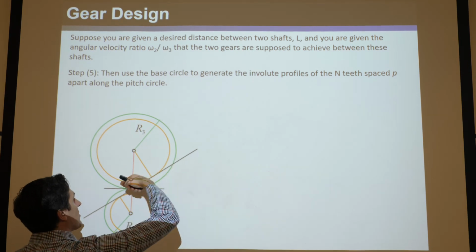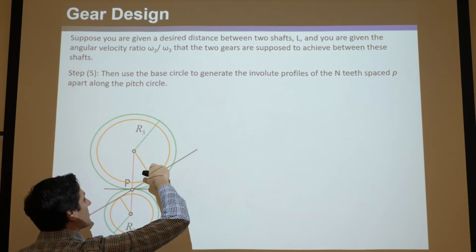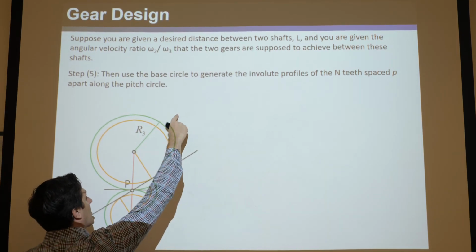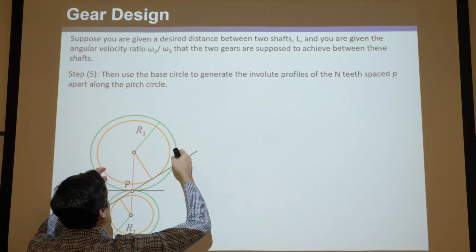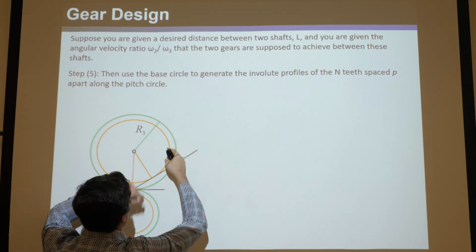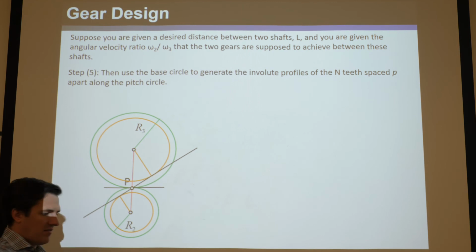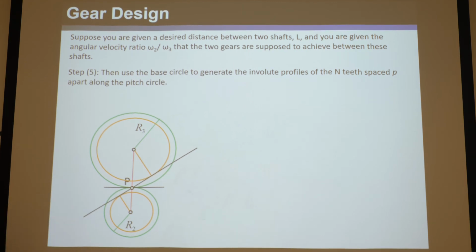Then take a string on the other side and do the other side of the gear. So there's one involute profile going up here from a string there, and then you wrap the string the other way and lift this up, and it would draw the other side of the involute profile. And you do that n times, for as many teeth as there are, spaced by the circular pitch that you determined from your guessed and validated diametral pitch from step 4.